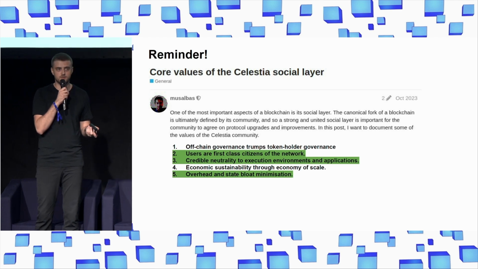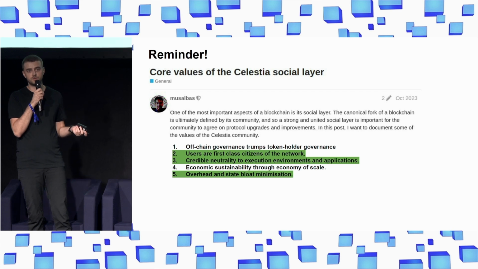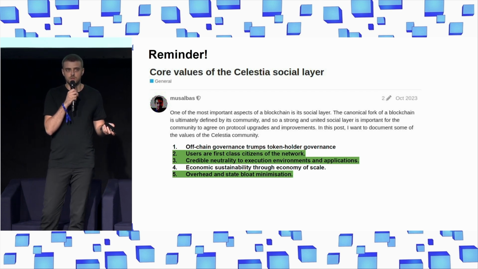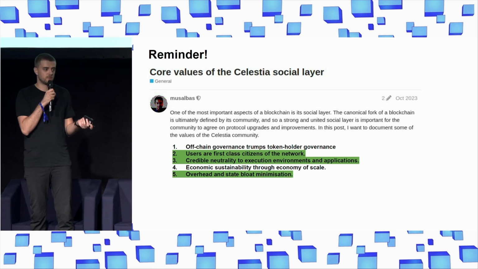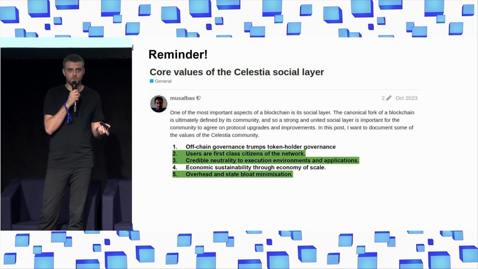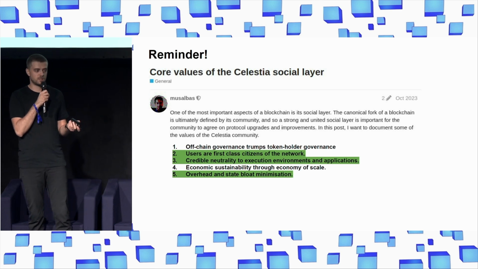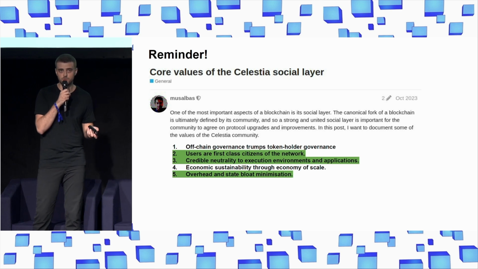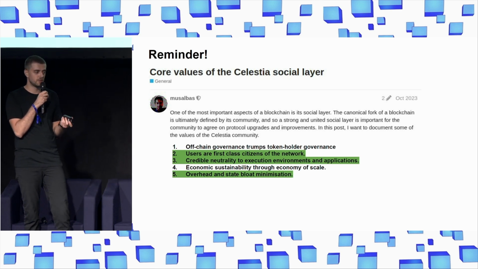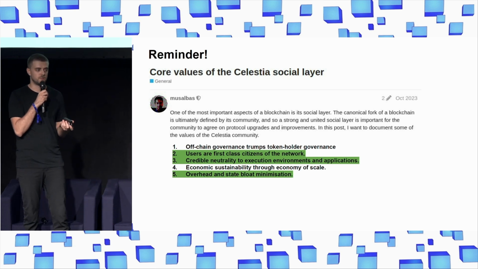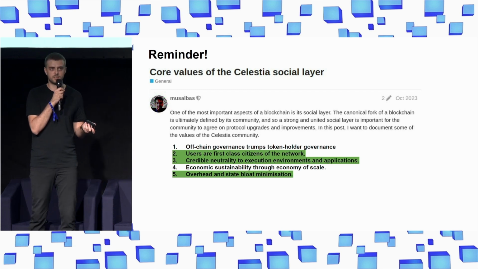Another thing is we have to keep in mind credible neutrality to the execution environment, which says that any application should be deployable without enshrining any specific execution environment. And I think the most critical part is to keep the state load minimal and not add any overhead to the state machine.